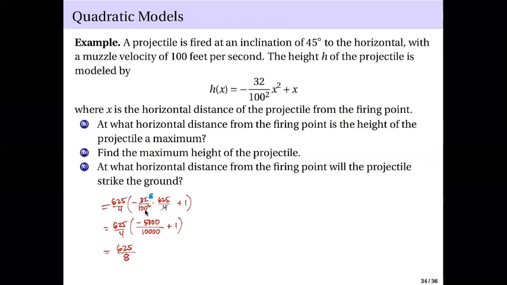You cancel like crossing, like X. That's the cancellation law: if you have A over B times C over A, then the A's cancel and you're left with C over B. The 100 squared, you don't multiply by 625.